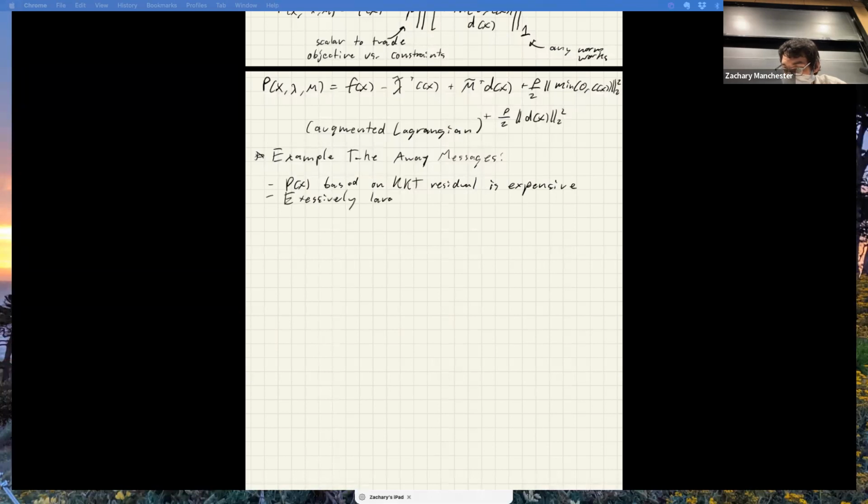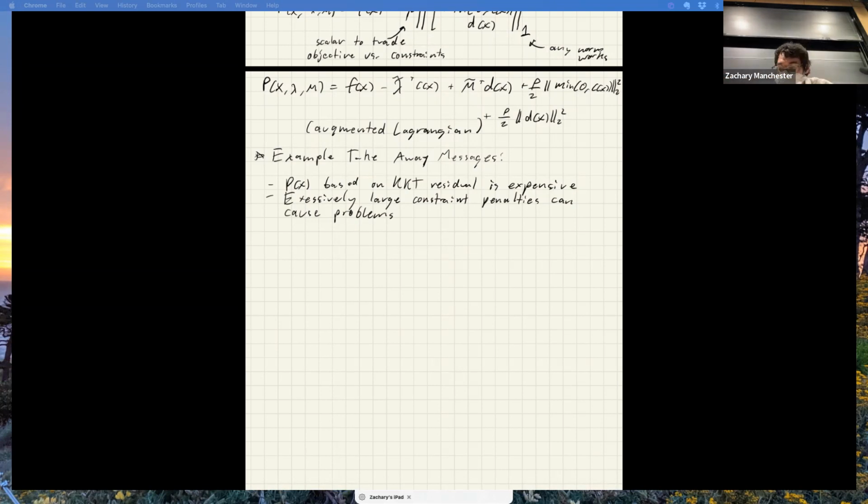Excessively large penalties on the constraints can cause problems, i.e. will lead to super slow convergence because you'll backtrack a ton to stay super close to the constraint manifold and then just not make any progress.